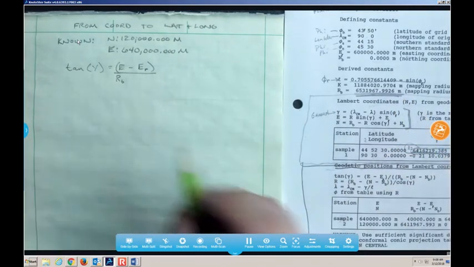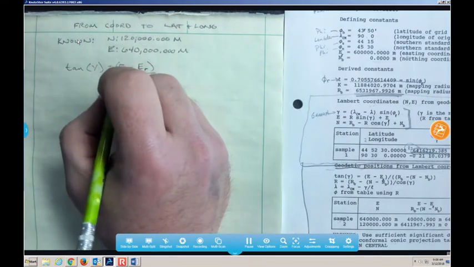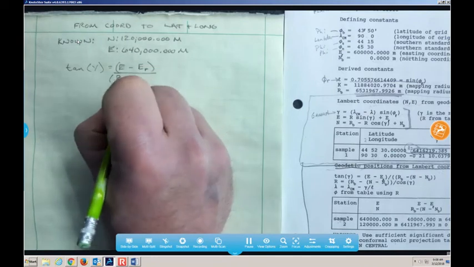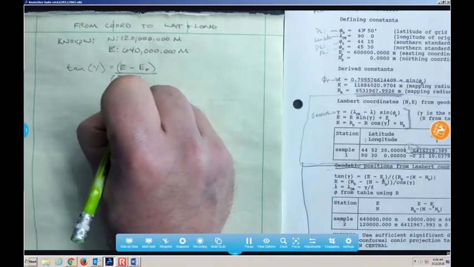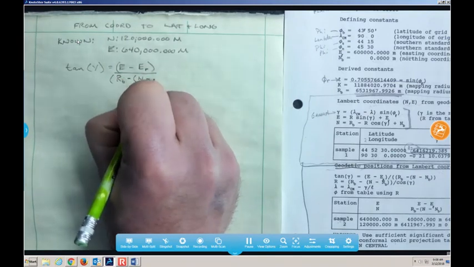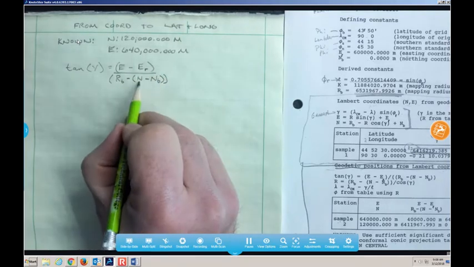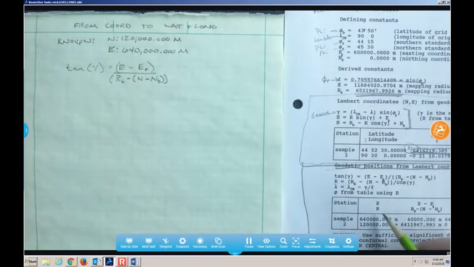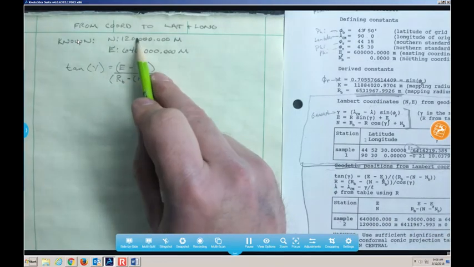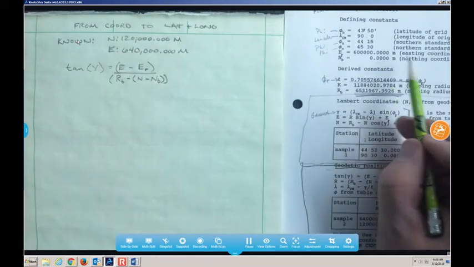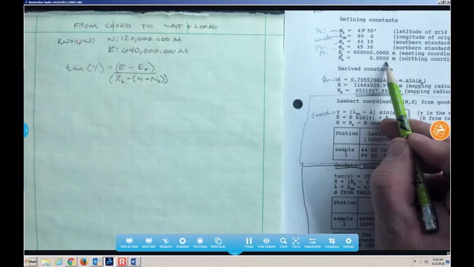That's this number here, RB, minus N minus NB. N is the northing that we were given, this northing. And NB is the northing coordinate for the origin.